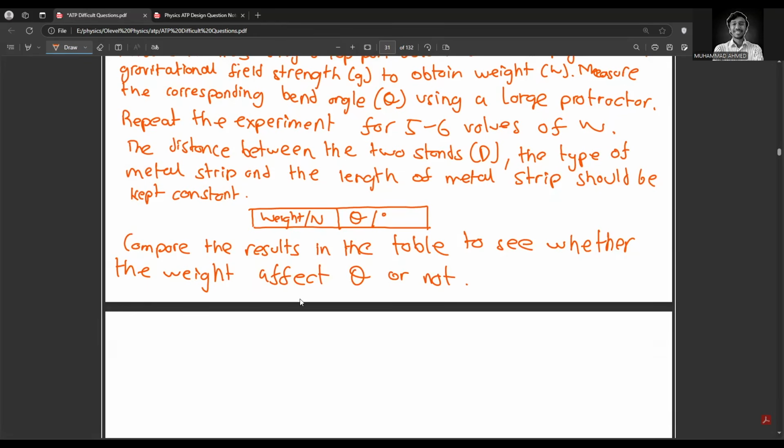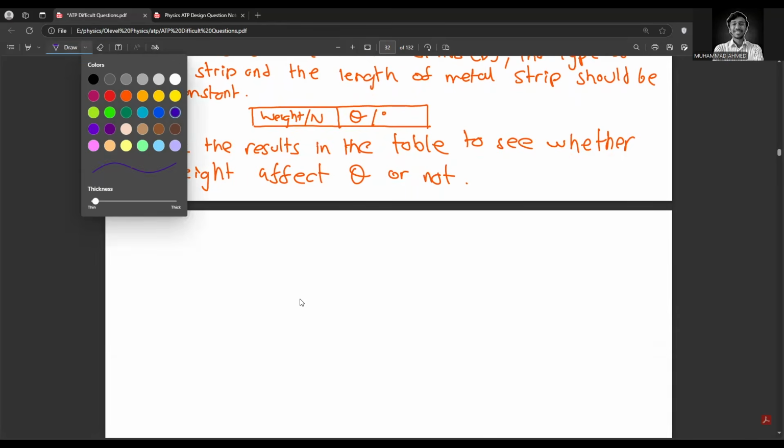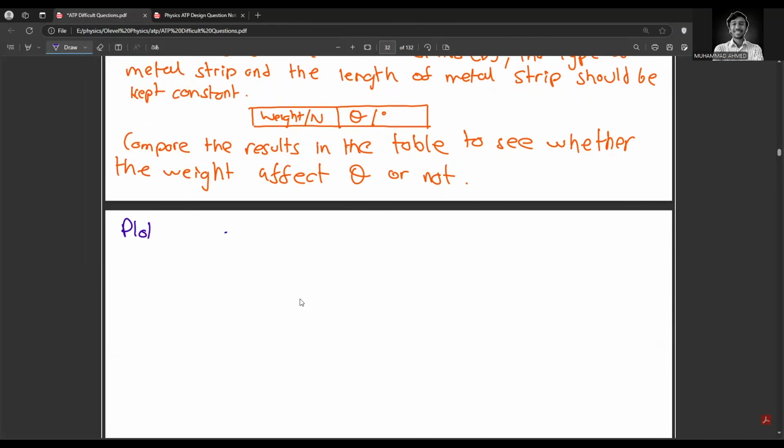Simple. Then for the A star students, what will they do? Plot a graph of weight against theta. Simple as that.